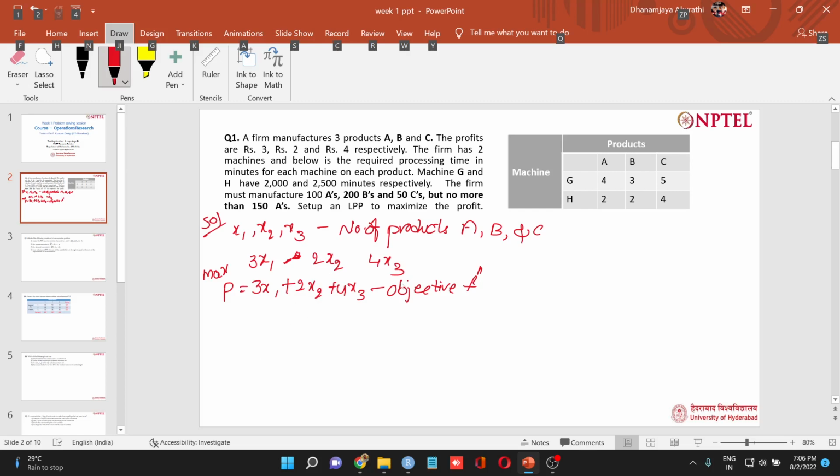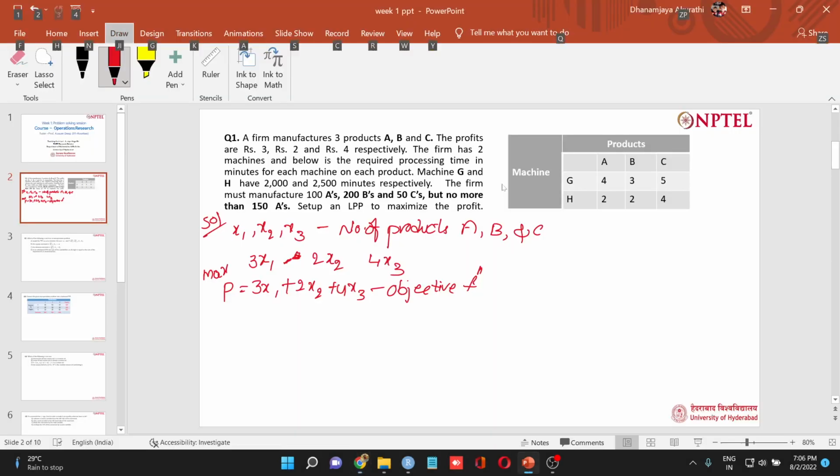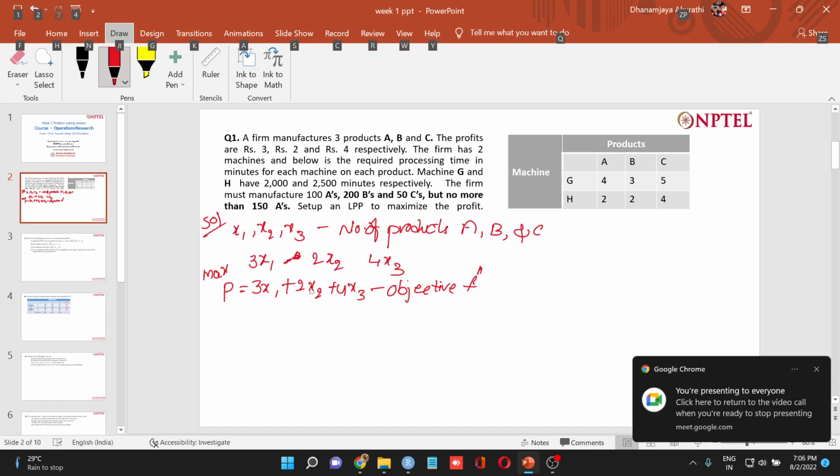To manufacture product A on machine G, it takes 4 minutes.